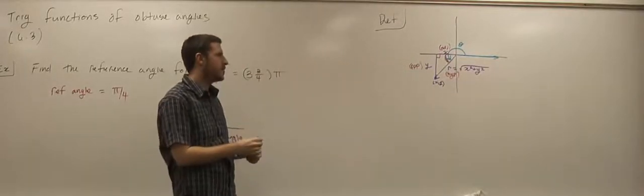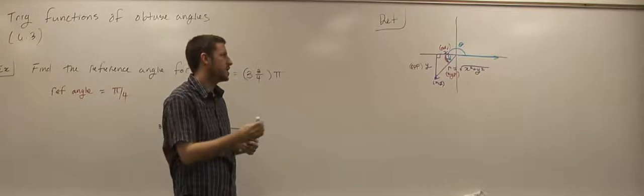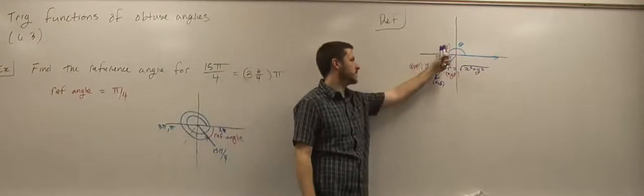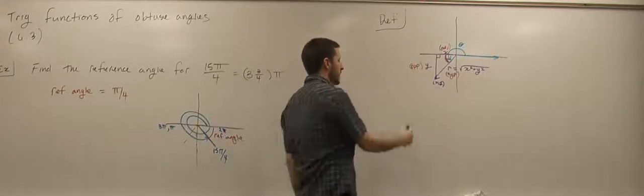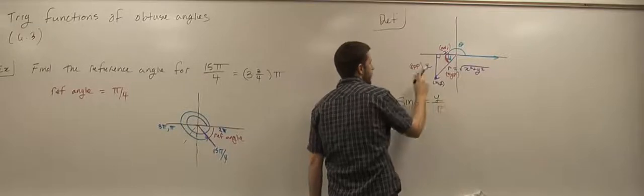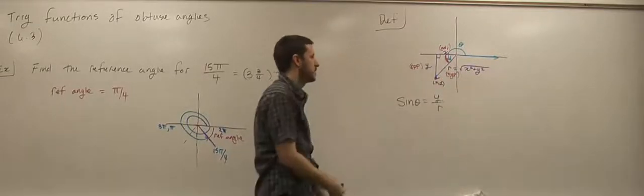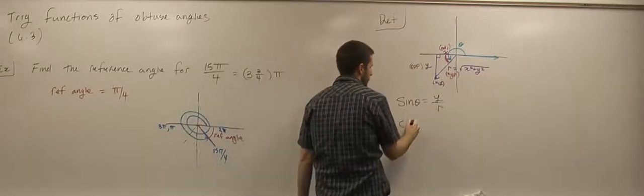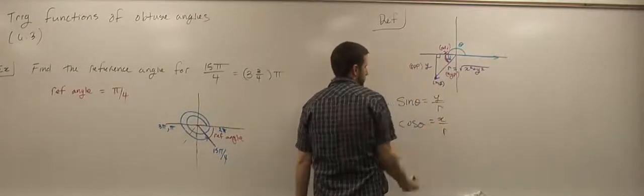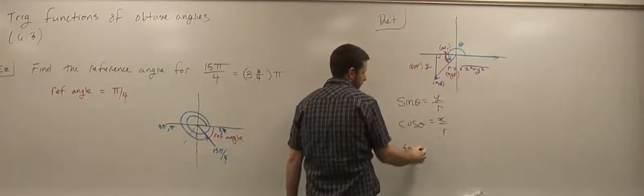So when we give you these new definitions, we're going to use x, y, and r, but they're really just different names for the same thing. Like sine of theta will now be y over r. It's opposite over hypotenuse. Right, cosine is x over r, and tangent is y over x.